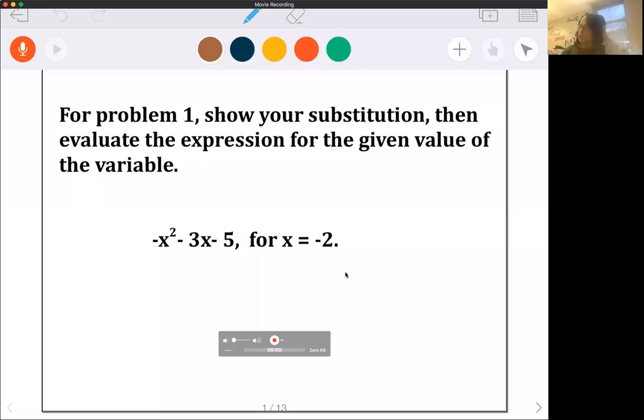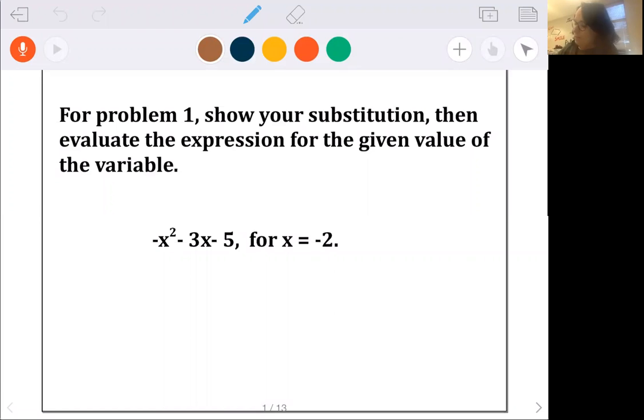practice problems. So for this first problem, it is evaluating for a given value of x. What I was telling kids in class last week is that everywhere they see the variable or variables, replace it with parentheses.